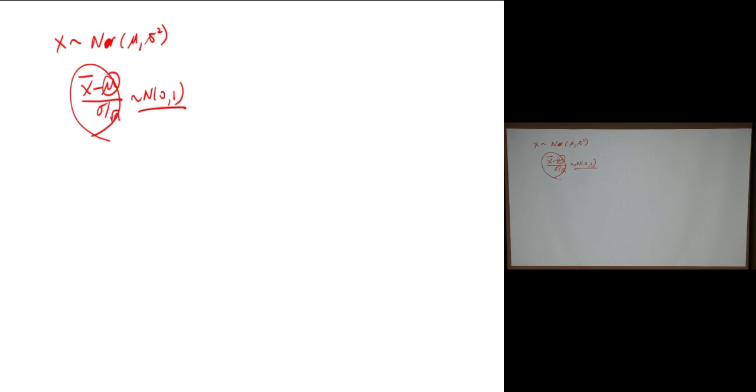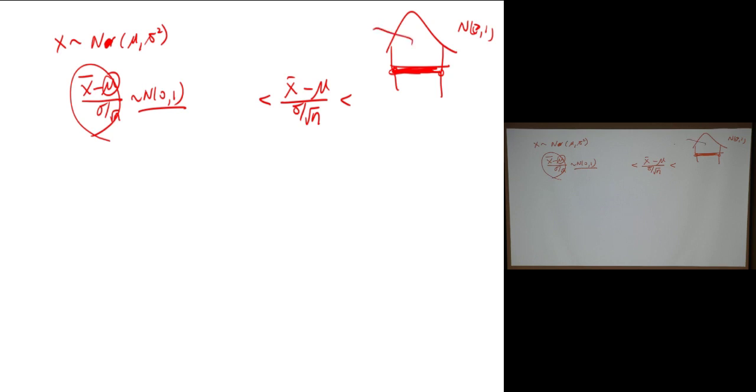I will discuss the case where sigma is not known later. But if sigma is known, then naturally I can establish that x bar minus mu over sigma over root n is standard normal, so it falls between two numbers such that the probability is, let's say, 95%.